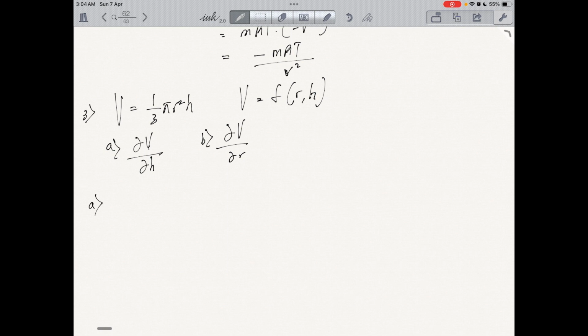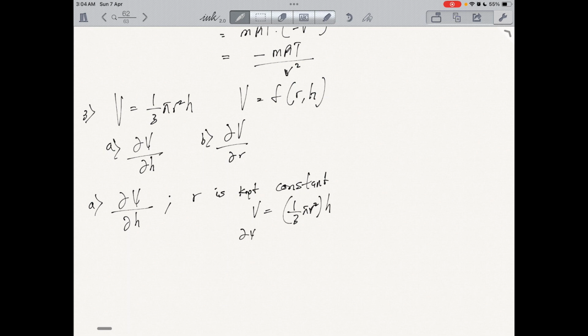Now let's begin with partial derivative of V with respect to h. And in this case, our r is kept constant. Therefore, we can write our expression of V to be 1 over 3 pi r squared as a constant multiplied by h.